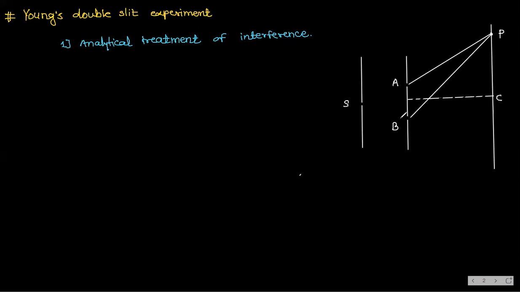This is point C. And here, this width between A and B is small d. The distance from the slits to the screen is capital D. This is the screen.